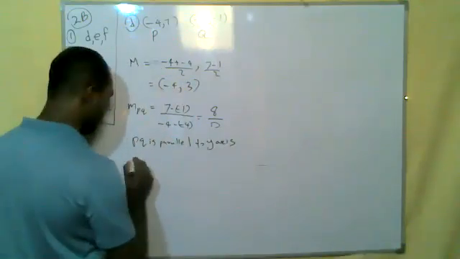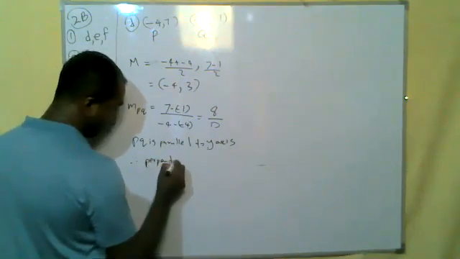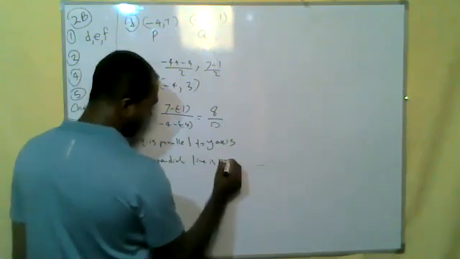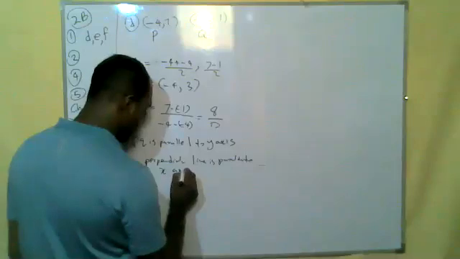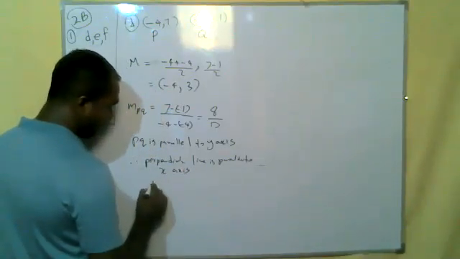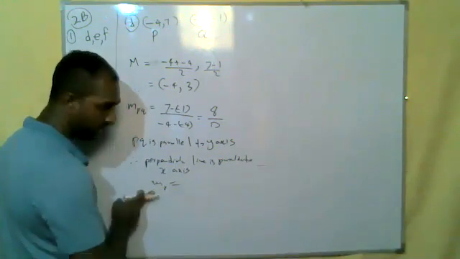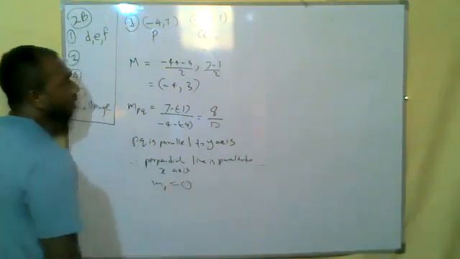Therefore, the perpendicular line is parallel to the x-axis. So I write the gradient of the perpendicular line, m_P, equals 0.